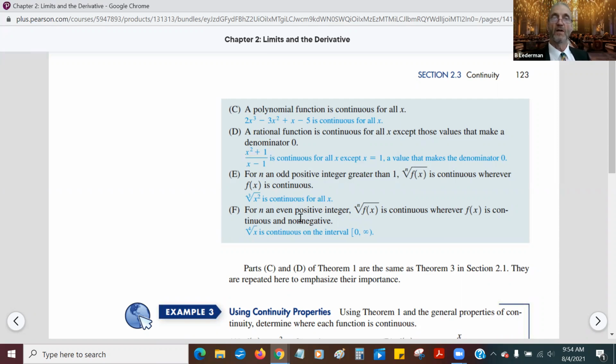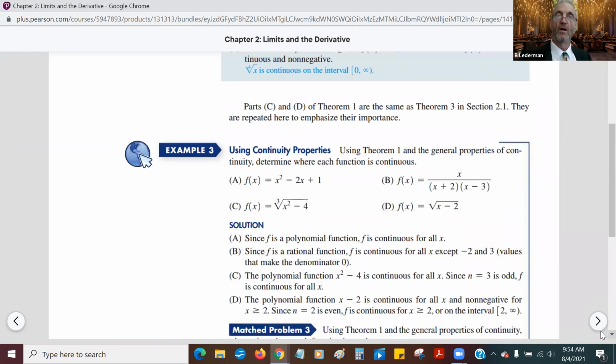And if the root is an even root, then I just have to throw in the condition that f of x has to be non-negative. Because if f of x is negative, then it'll be undefined. You get the point. Okay.